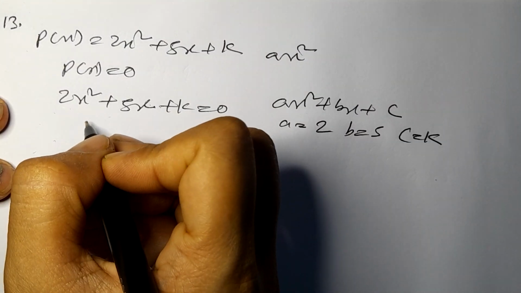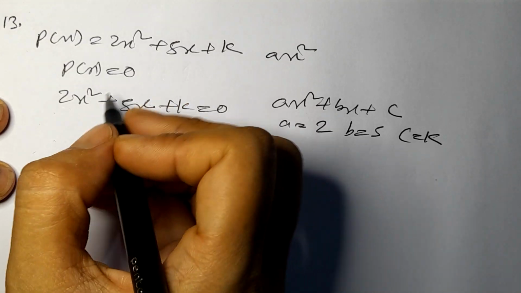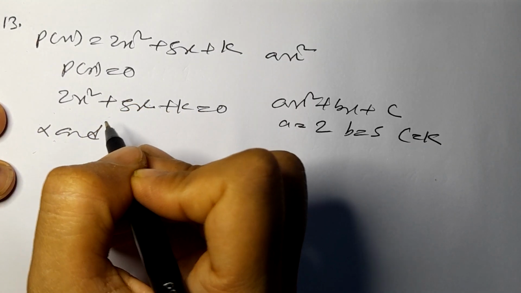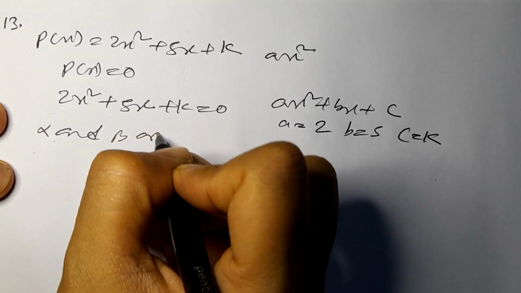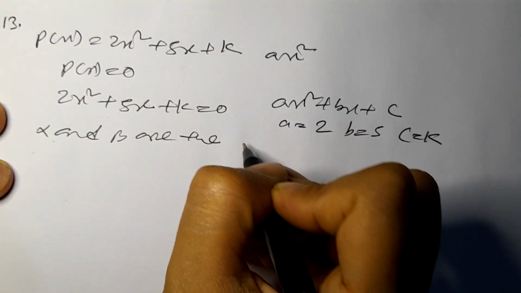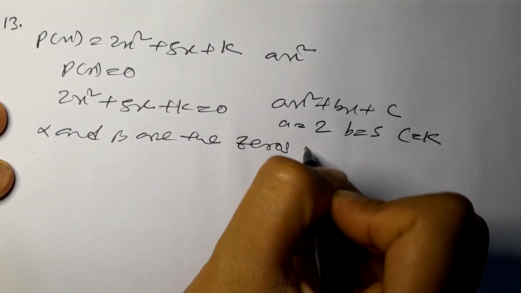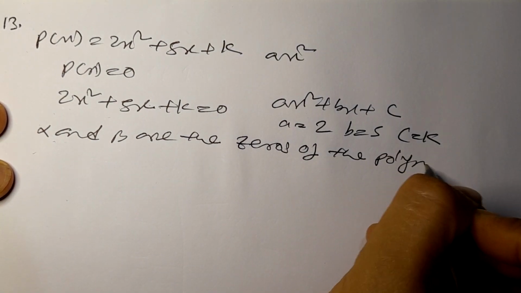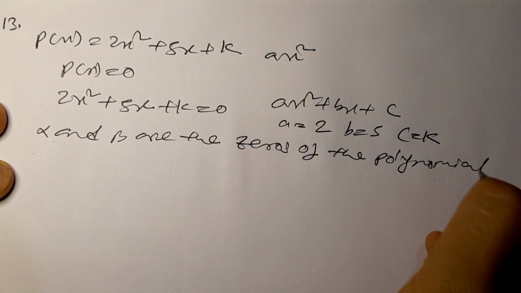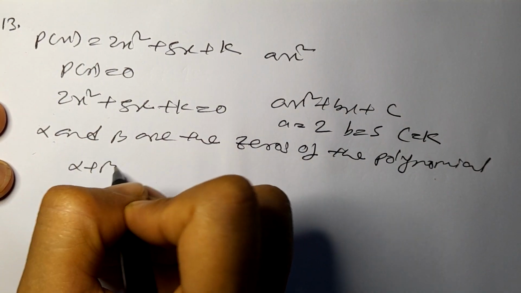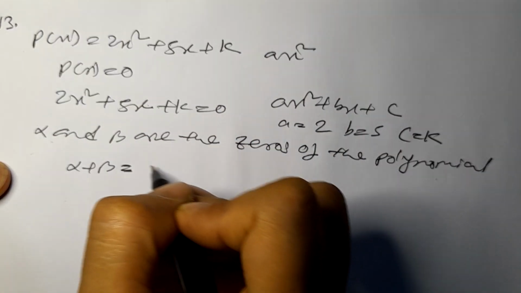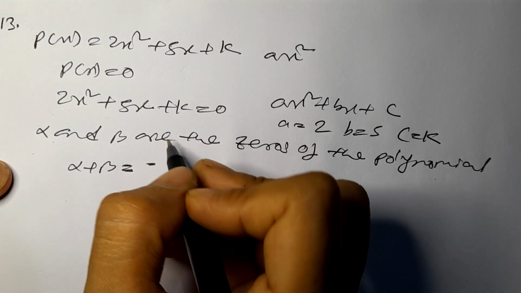So what we are going to do, we know that alpha and beta are the zeros of the polynomial, already given. So we know that alpha plus beta, the sum of zeros, is equal to minus b by a.